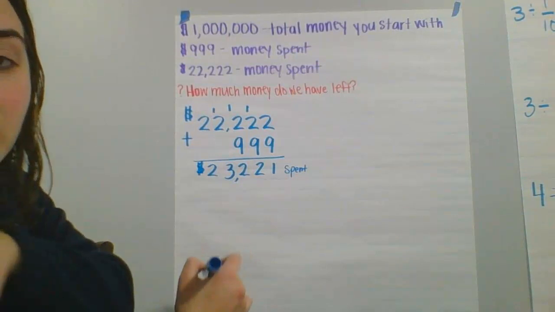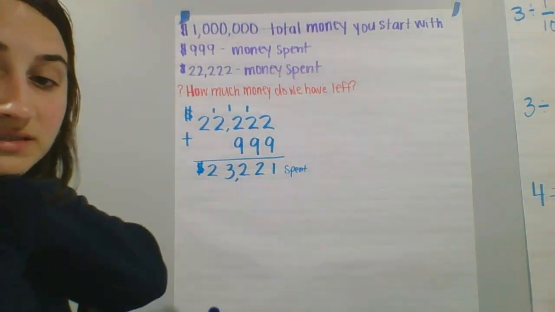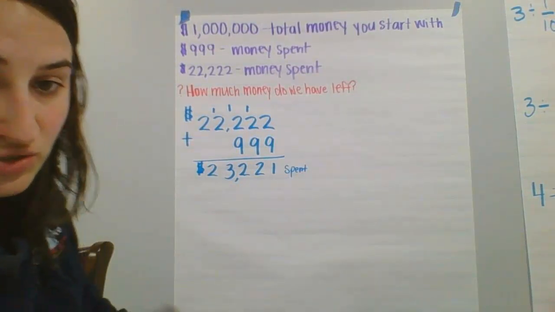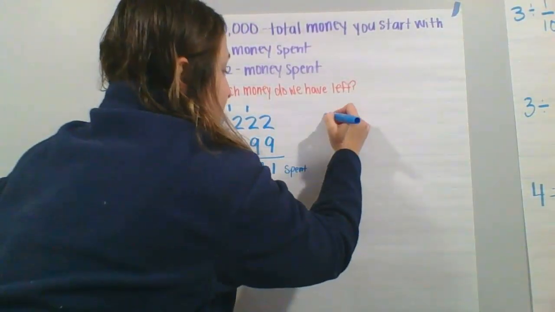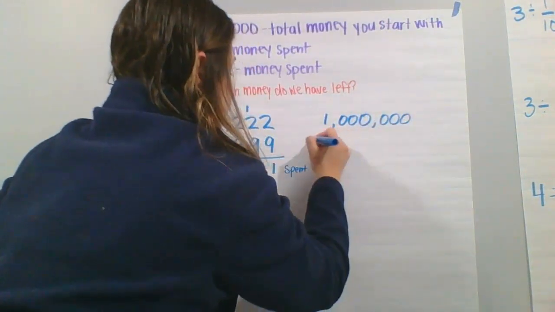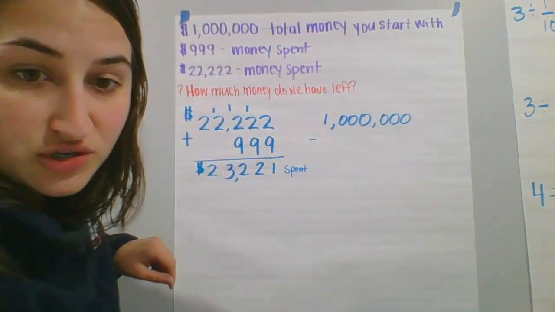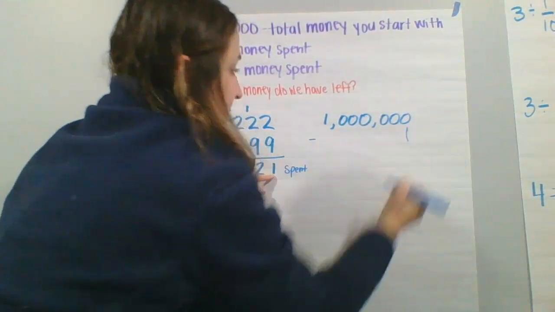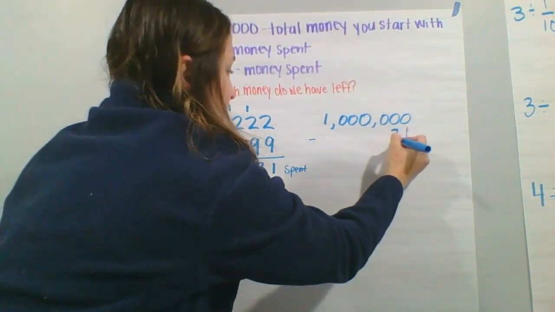Okay, so now we're going to take our $1 million and we're going to subtract away the 23,221. And making sure that you're lining up each of your place values, making sure that 1 is at the end in the ones place, and then working your way down.